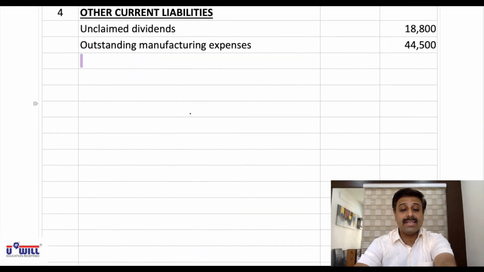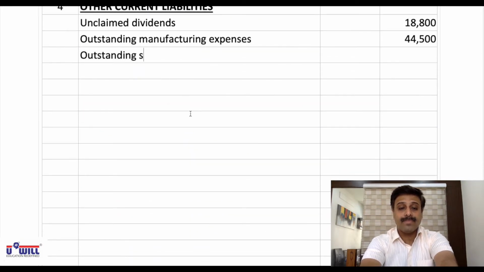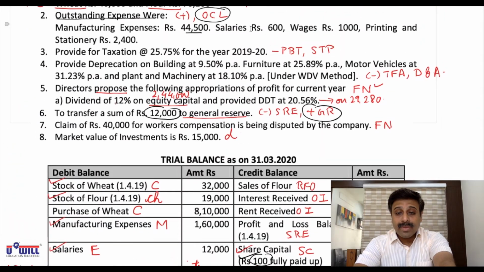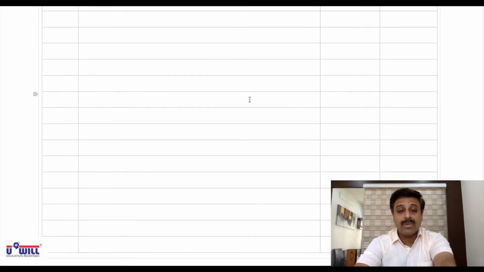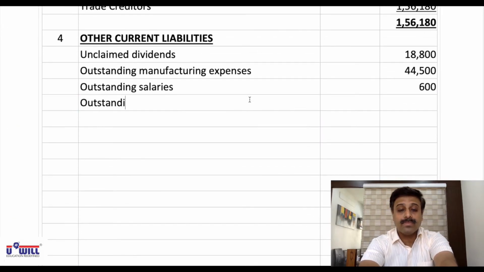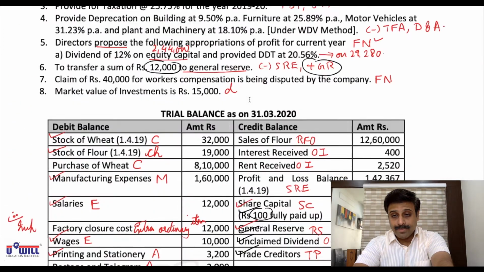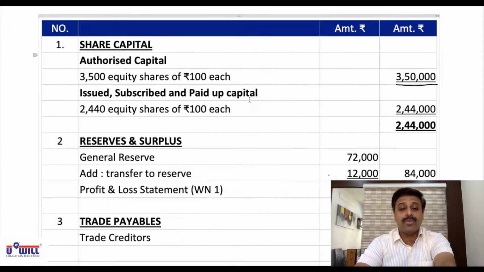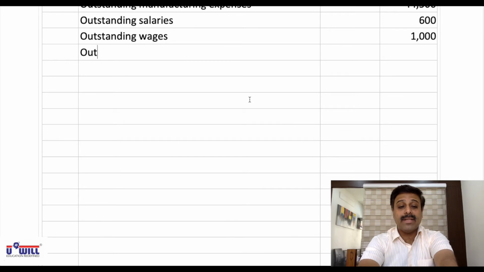Outstanding salaries 600. Then after outstanding salaries, what do we have? Wages 1,000. Outstanding wages 1,000. Then after outstanding wages, what do we have? Printing and stationery 2,400. All you find in adjustment 2. Okay. Outstanding printing and stationery 2,400.